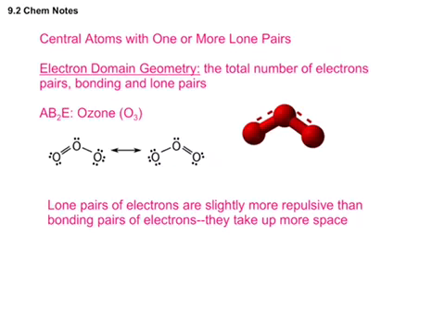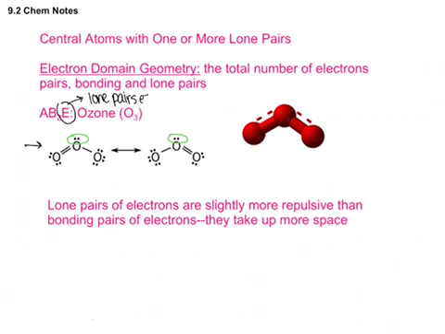And so now we use this E to indicate lone pairs of electrons. So AB2E is for ozone, and you can see the two structures here. Notice that they're resonance structures. And on that central atom, we have one lone pair of electrons.